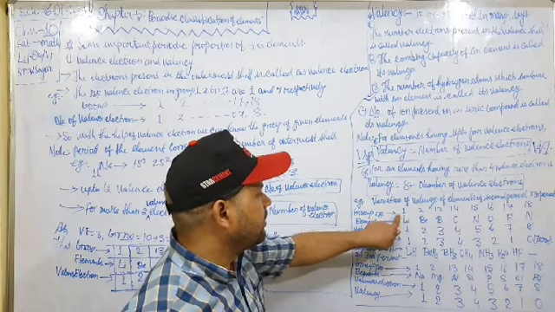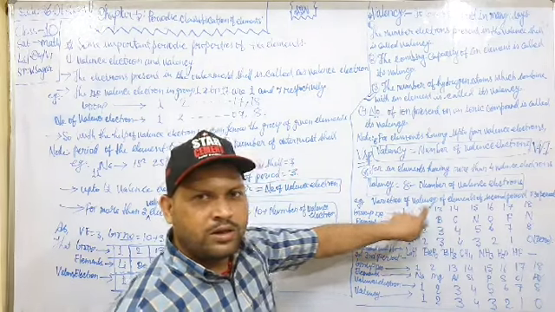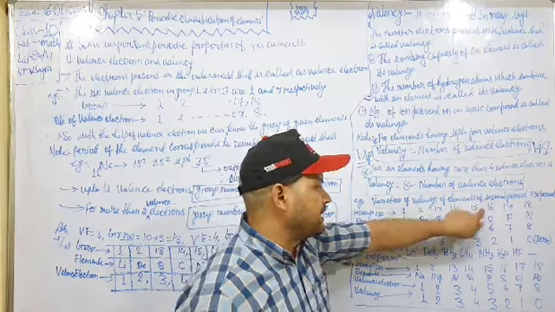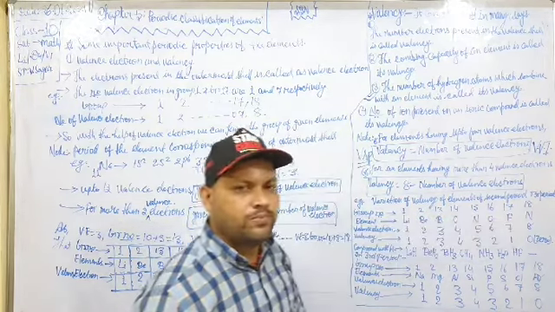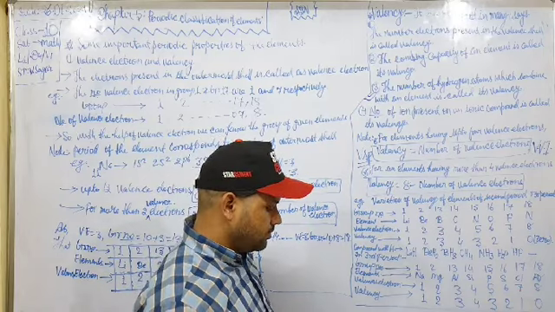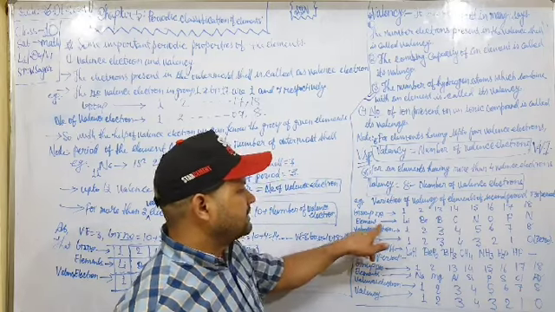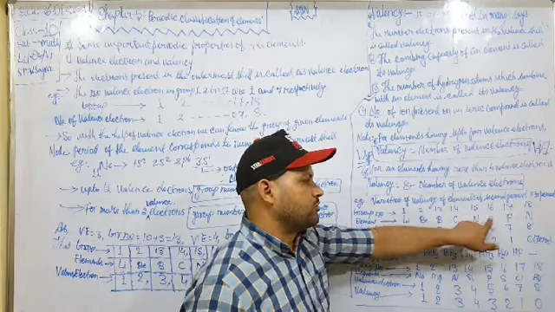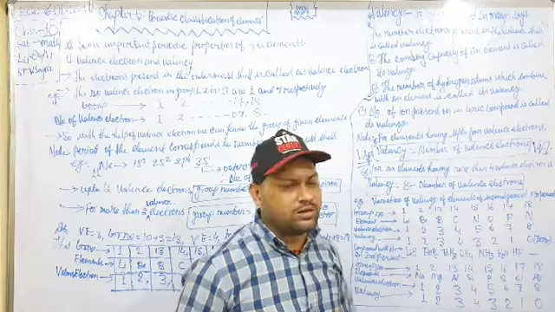Here are the group numbers: first group, second group, and 13th group, 14, 15, 16, 17, 18. In these groups, the second period elements are lithium, beryllium, boron, carbon, nitrogen, oxygen, fluorine and neon.